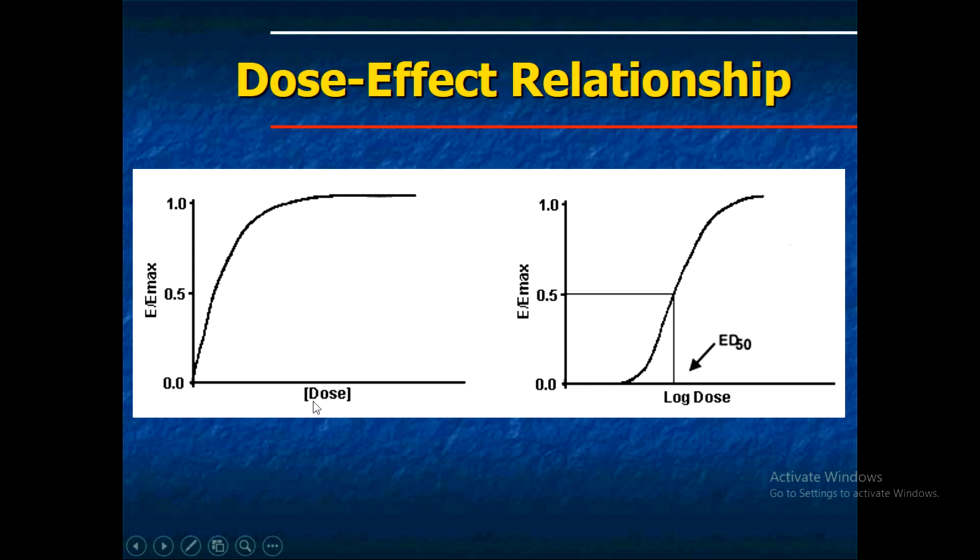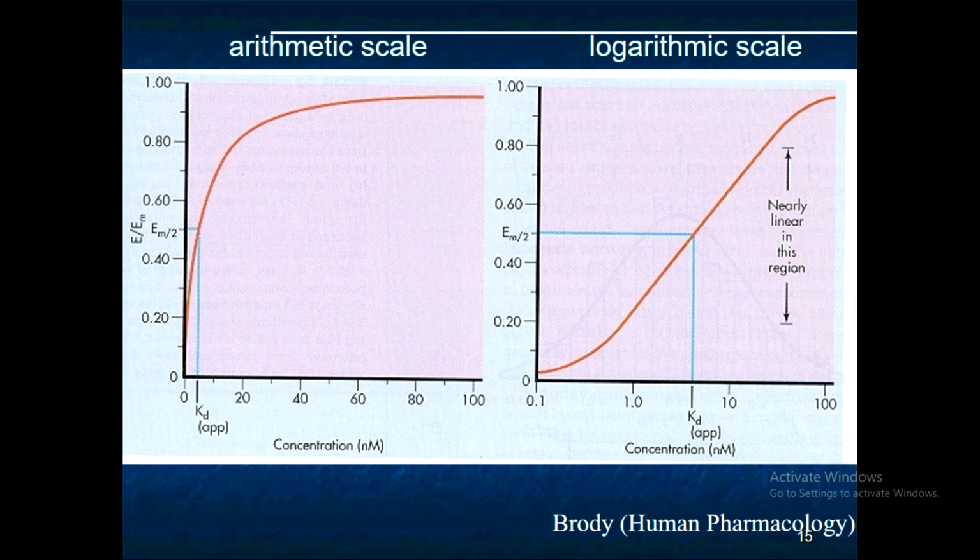So you get the dose. Let's say I gave 1.0 grams, 2.0 grams, 3.0 grams, and then you estimate the effect that was produced. You get it? But if you use the logarithm of the dose, you use log 1.0, log 2.0, log 3.0. As we move further, we'll know why that seems better.